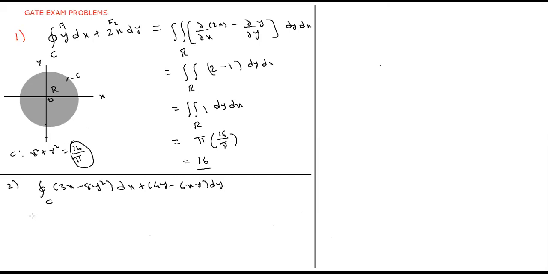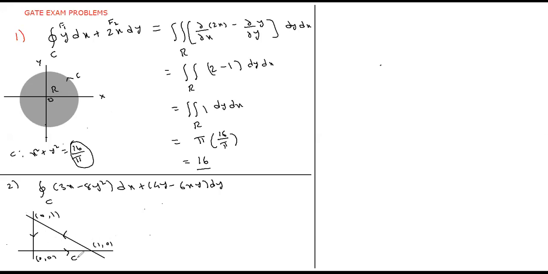So what is the triangle? It has vertices at 0 0, 1 0, and 0 1.